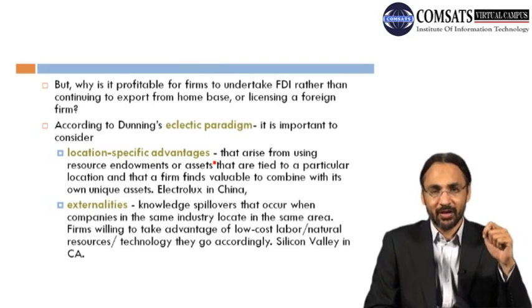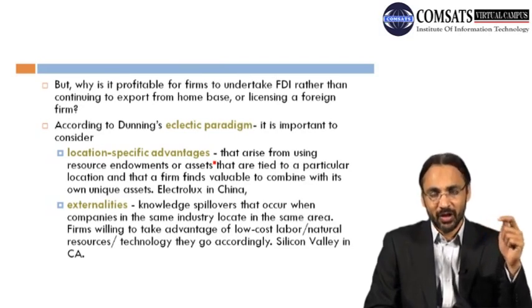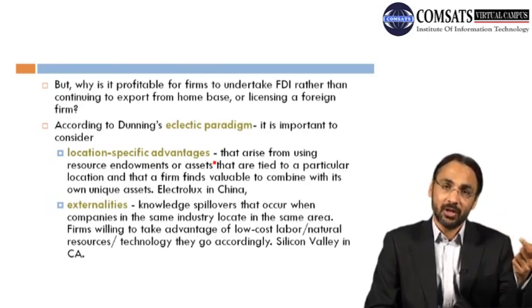And the second thing is, of course, Electrolux is also associated with some suppliers who are providing the resources and raw material to them, the distributors, the marketers, all these things.